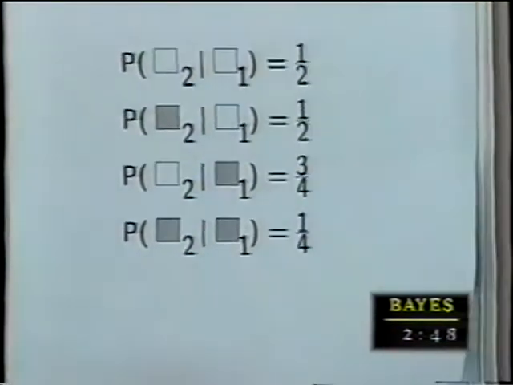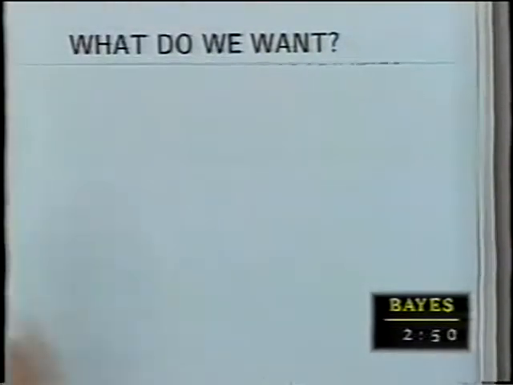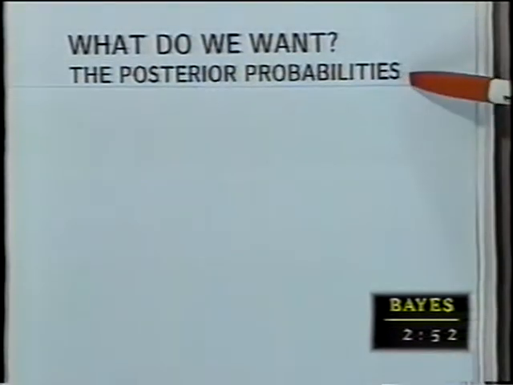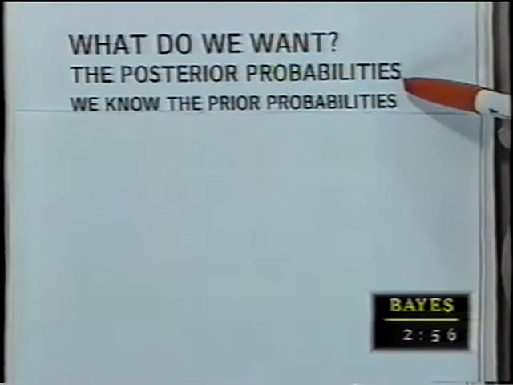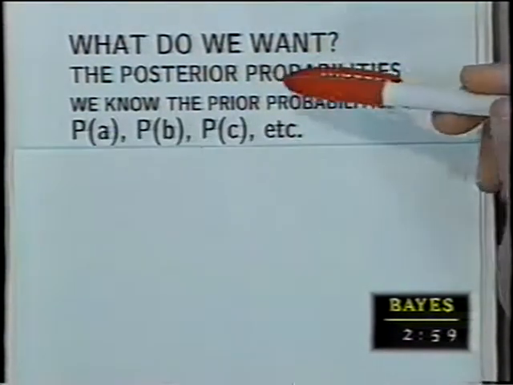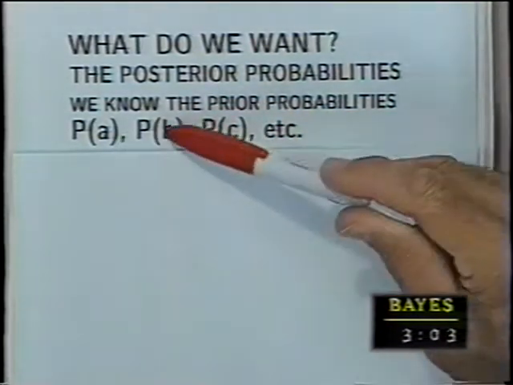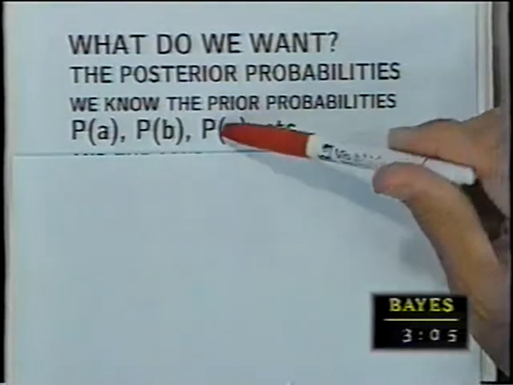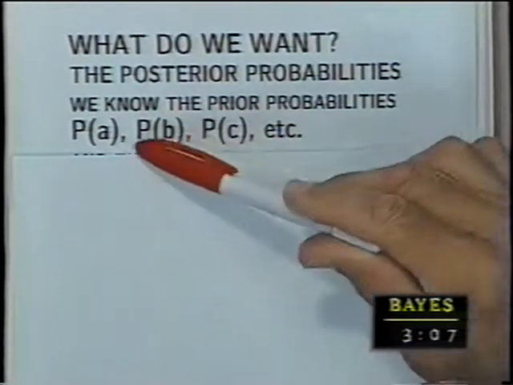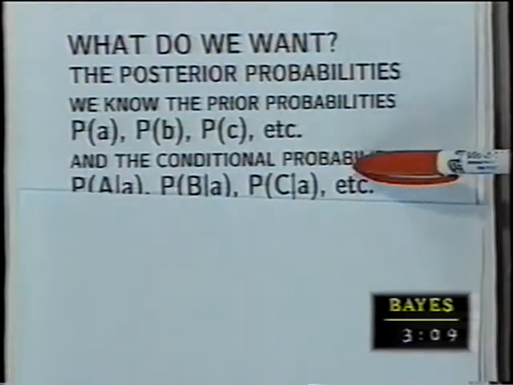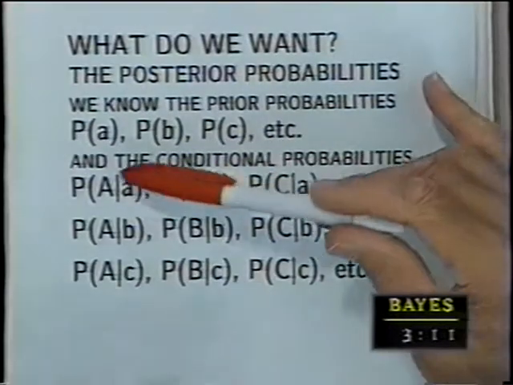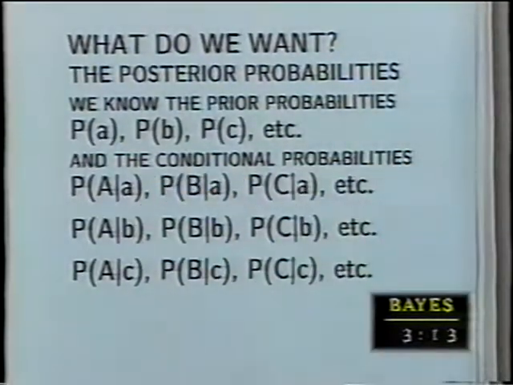Well, what is it we want? What are we trying to get? We want what's called the posterior probabilities. And the posterior probabilities, well, we'll get to them. Let's remind ourselves what we know. We know P of little a, b, and c. We know the prior probabilities, the probability of what came first. And we know the conditional probabilities, that is, the probabilities of what comes second, given we knew what came first.